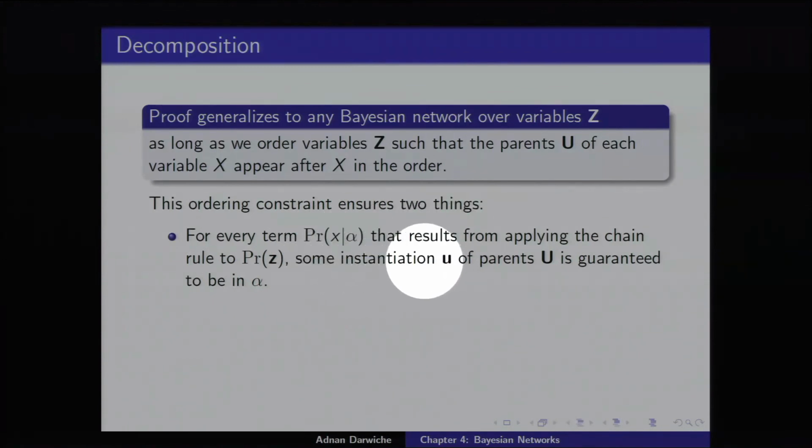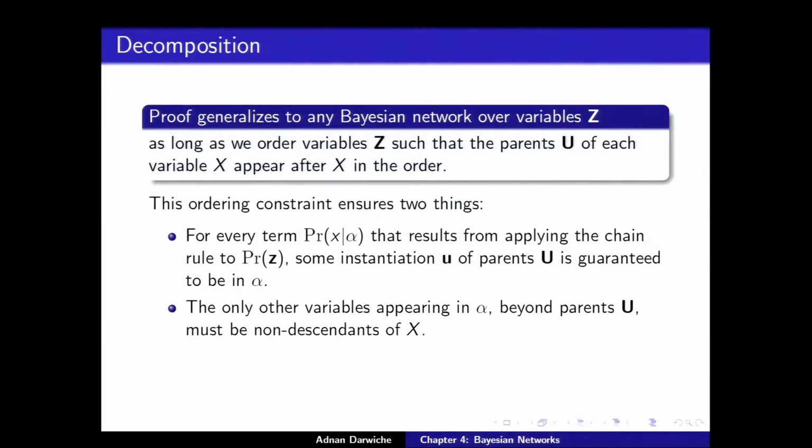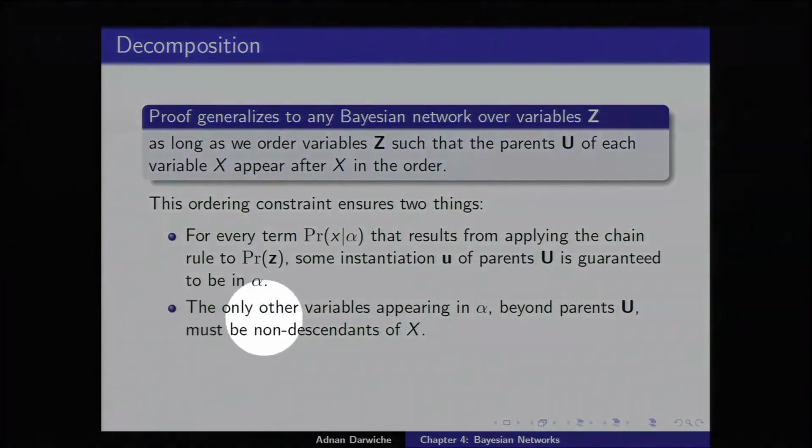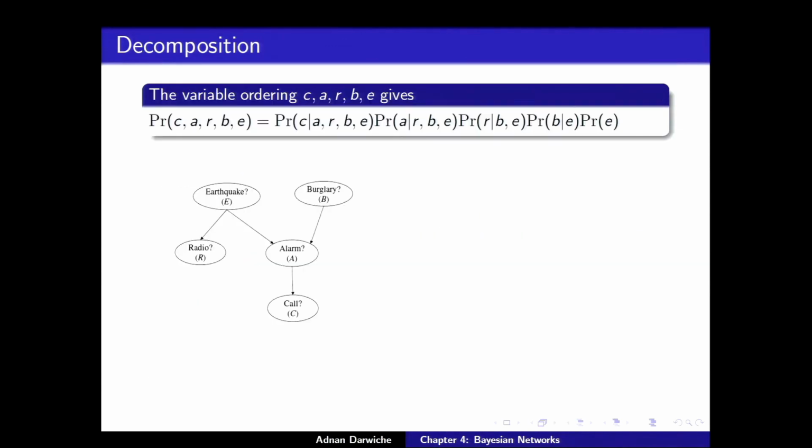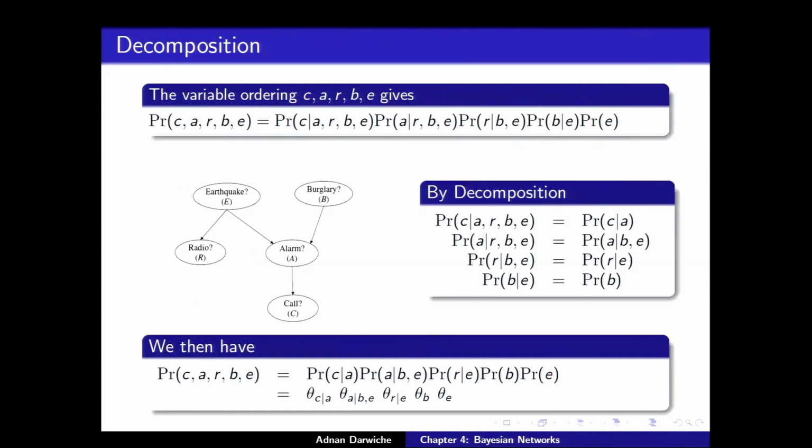So the instantiation of its parents is guaranteed to be in alpha, and the only other variables in alpha beyond the parents must be non-descendants. So you have to have a topological sort, and then this works. But then it generalizes. Here's a couple of other examples using other orders, different than the one that I showed you, but consistent with the topology of the network.